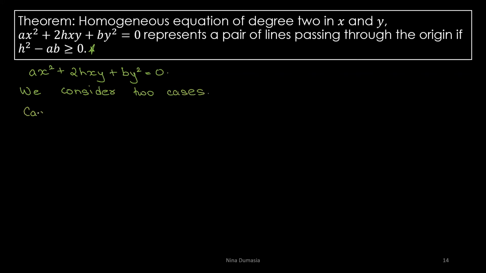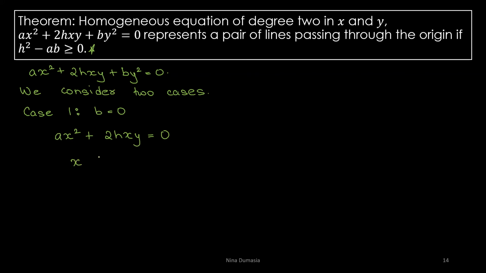Case 1, b is equal to 0. ठीक है, what happens in this case? We get that ax square plus 2hxy plus 0 is equal to 0. अब क्या इसको स्प्लिट कर सकते हैं? यस ना, हम इसमें x को कॉमन ले सकते हैं.